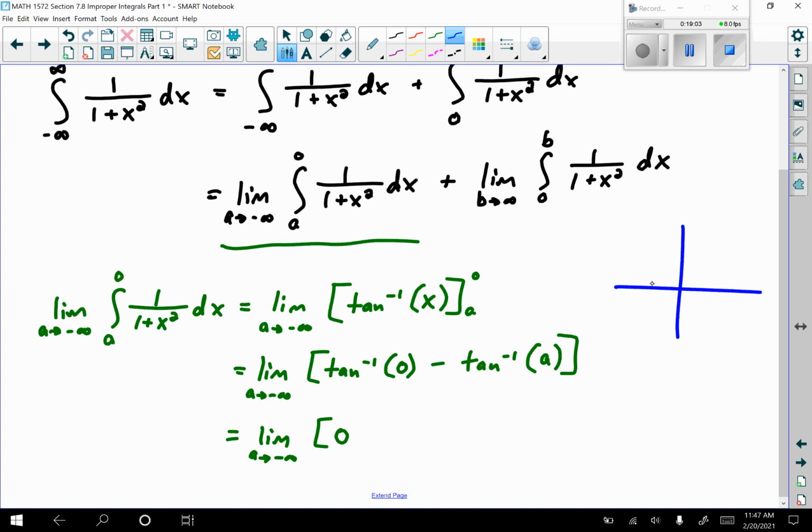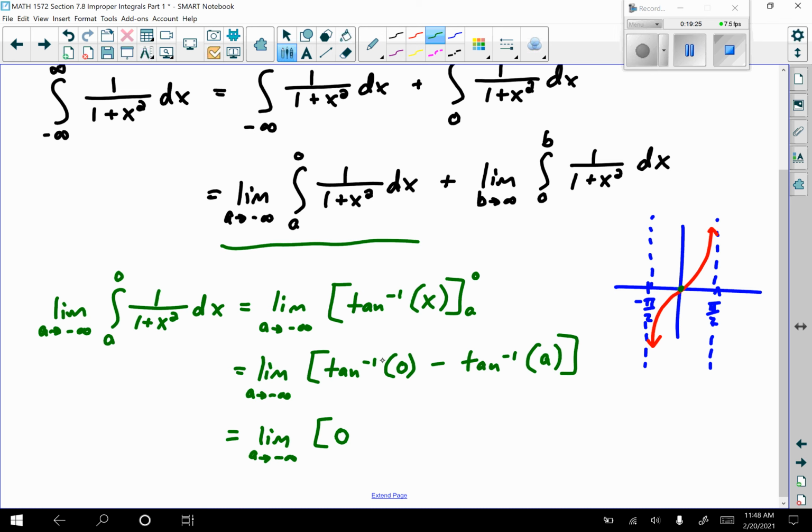I'm just going to draw the graph real quick here. So if we're at negative pi over 2 to pi over 2, this is what the graph looks like, we're going to have vertical asymptotes here. And this first point is what I'm talking about. So tangent of 0 is 0.